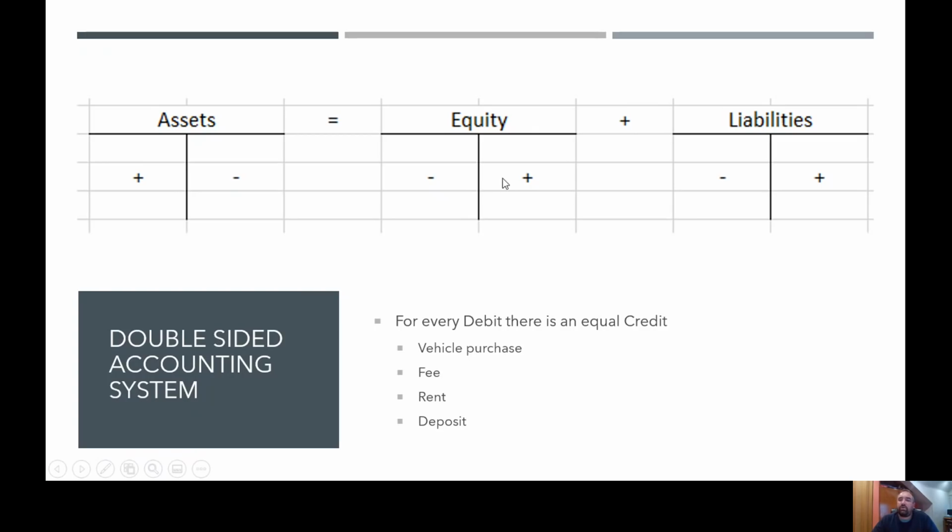And the answer is no. So then I'm not going to write the credit leg under liabilities. I will write it under equity. So I'll create a new little T account called fee income, and I will write the credit leg in there. Because I, as the shareholder, have now generated equity for myself.